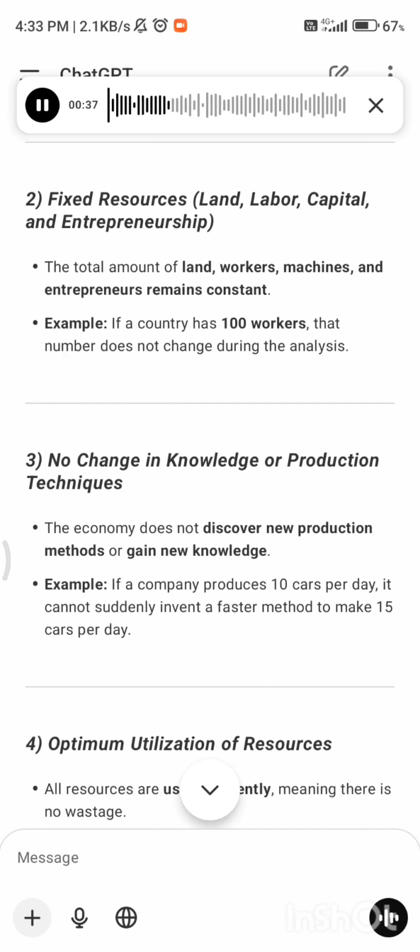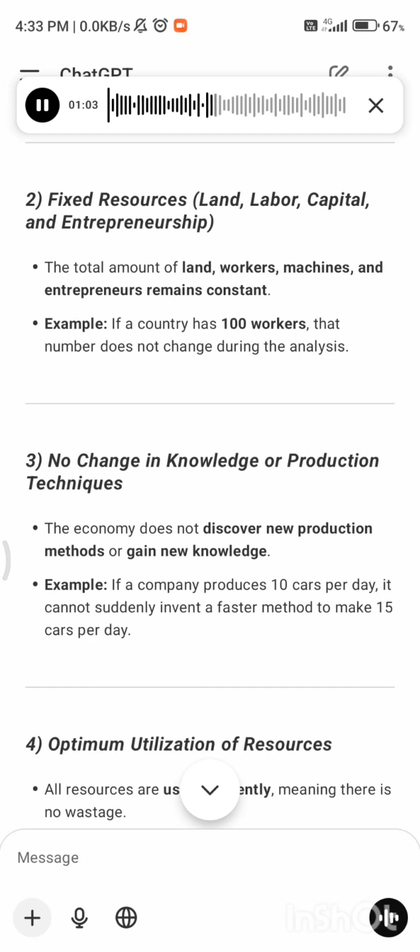2. Fixed resources: land, labor, capital, and entrepreneurship. The total amount of land, workers, machines, and entrepreneurs remains constant. Example, if a country has 100 workers, that number does not change during the analysis. 3. No change in knowledge or production techniques. The economy does not discover new production methods or gain new knowledge.